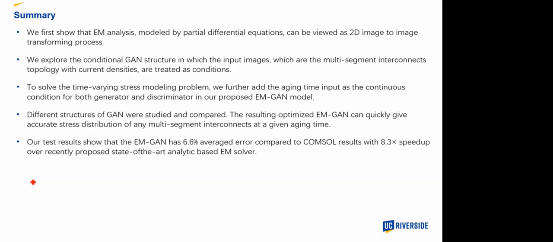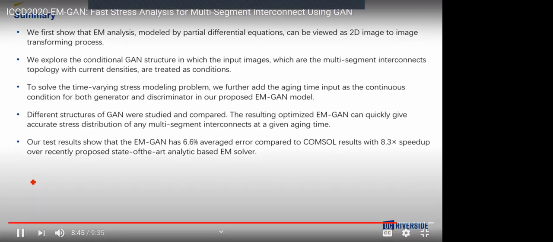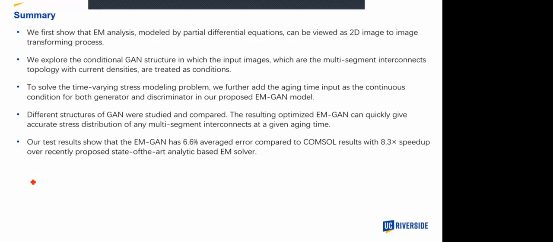We then explore the conditional GAN structure in which the input images, which are the multi-segment interconnect topology with current densities, are treated as conditions. To solve the time-varying stress modeling problem, we further add the aging time input as a continuous condition for both generator and discriminator in our proposed EM-GAN model. Different structures of GAN were studied and compared.